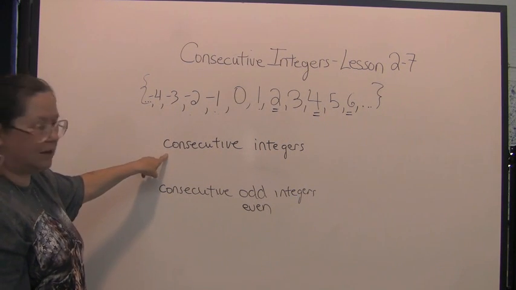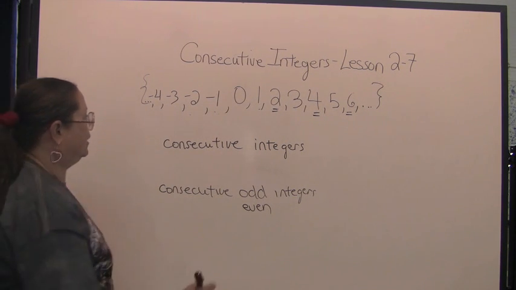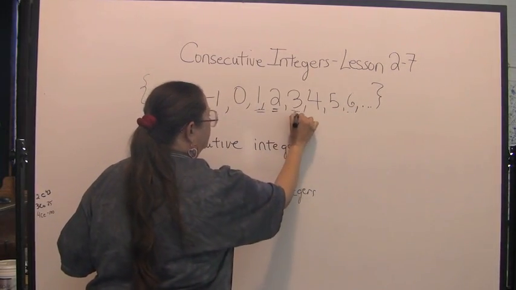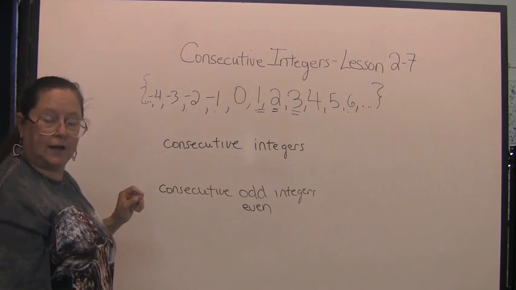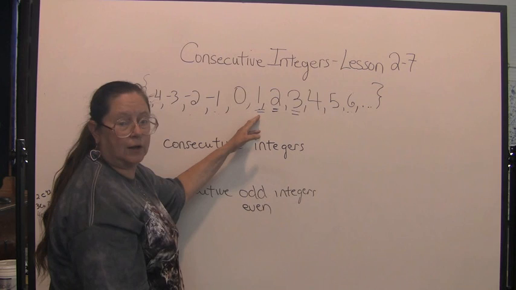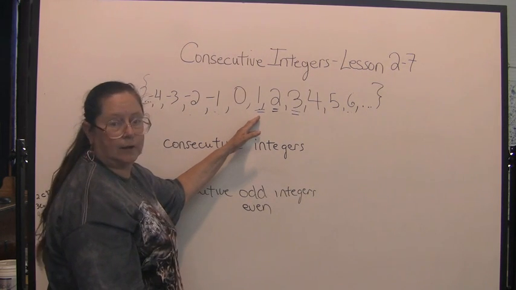If I have consecutive integers, say 1, 2, 3, the way I get from one integer to the next consecutive one is to add 1.